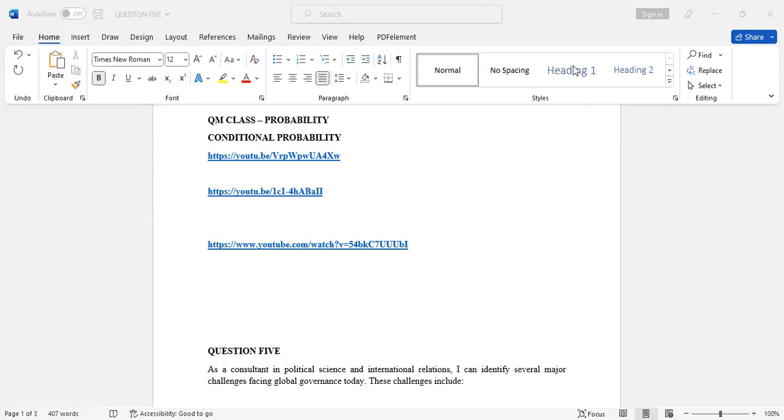In particular, we are looking at conditional probability. This is the probability that is computed based on other probabilities given. That is under the conditional probability.